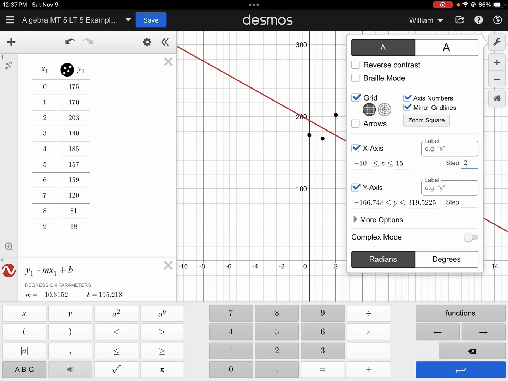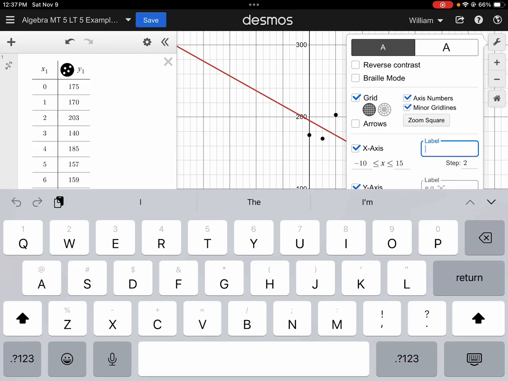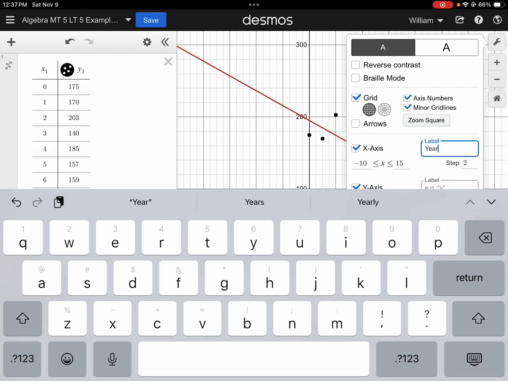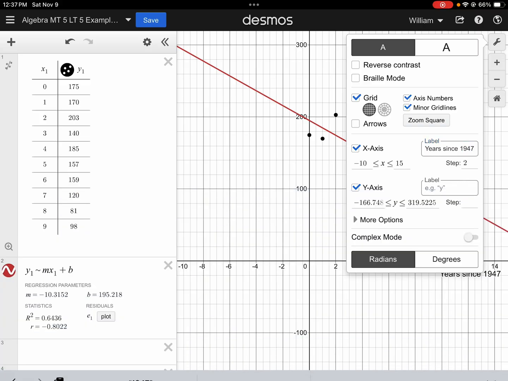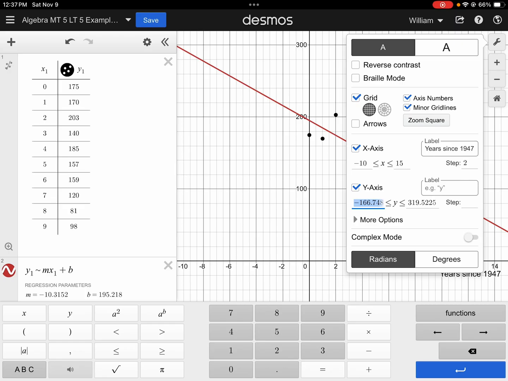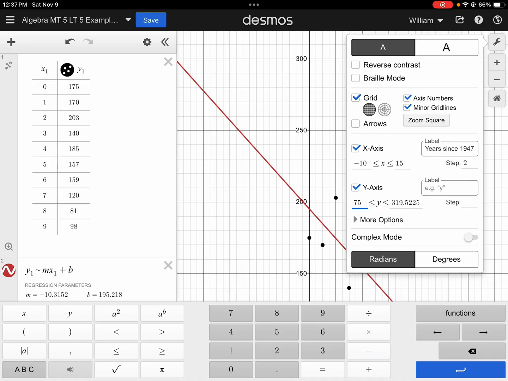And you can actually label in Desmos, because this will be the years since 1947. And then I'll do the same thing for my y-axis. Now remember, his least was 98 hits, so I want a little bit of a margin there. So I'm going to start my graph at 75.